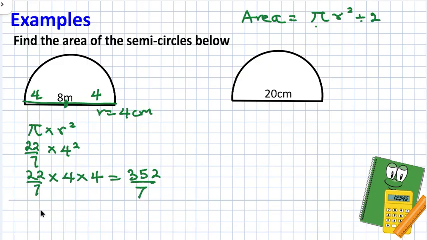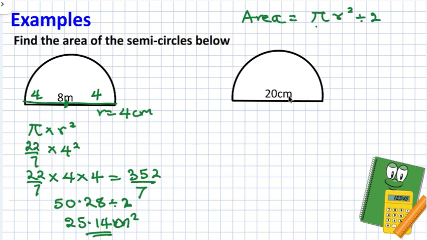So at the end of the day, our area is going to be 50.28. But this is a semicircle. So what do we do? We divide this by 2 to get the area for half of the circle. So we're going to get 25.14 centimeter squared. So that is the area.